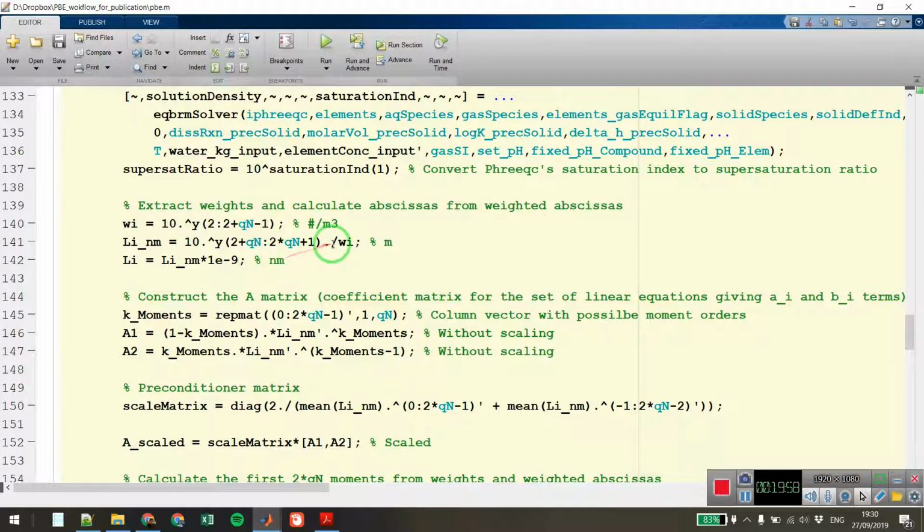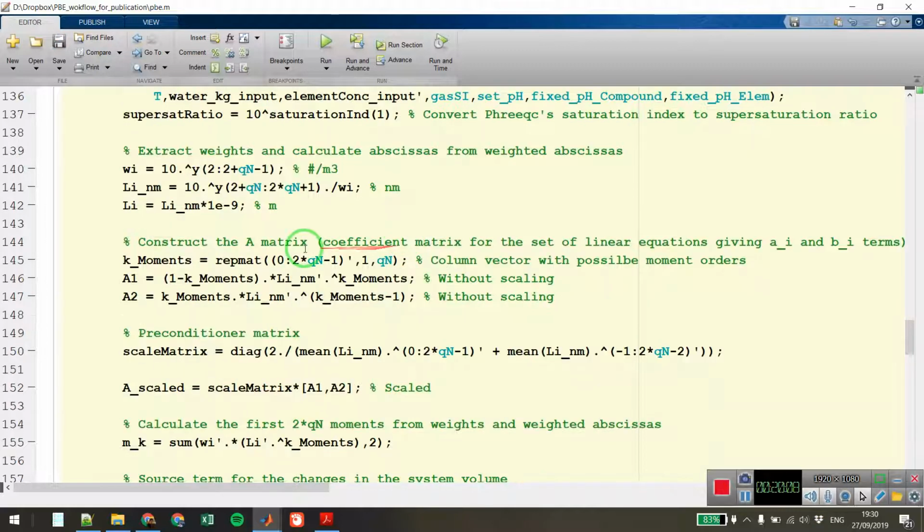So yes, may have to correct this. So this one is nanometers, this one is meters. Okay, then we have these moments, right? So this is nanometer. Okay. But then we calculate the moments, we calculate the matrix in the DQMOM algorithm.